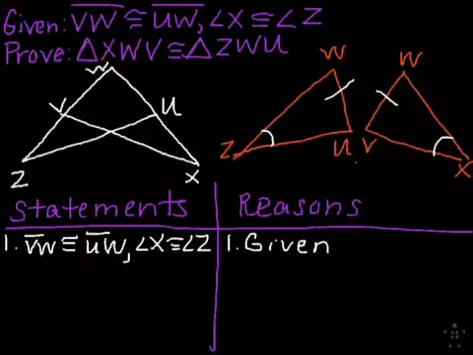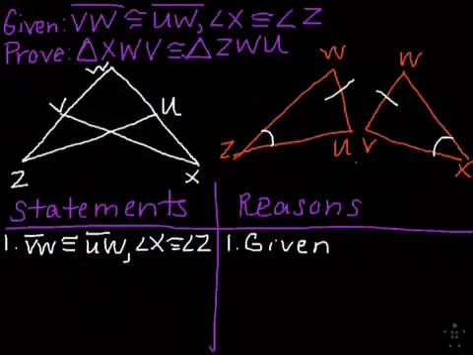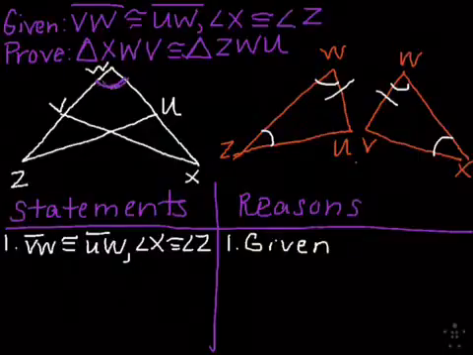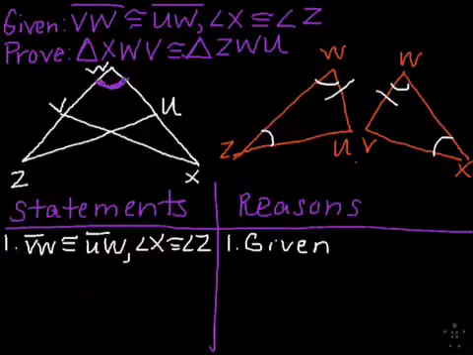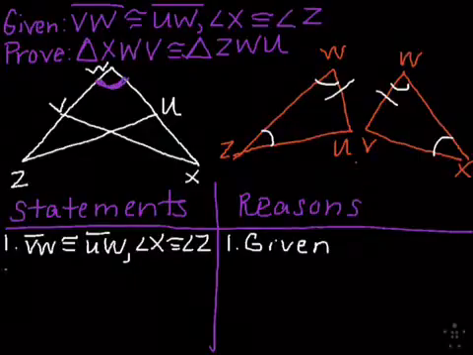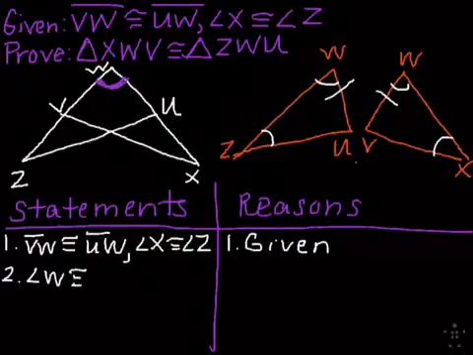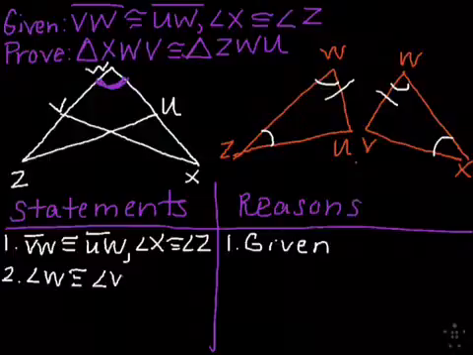Right. So look at what you have here. Both of these triangles share an angle W. And if you look in the big picture here, angle W is in both triangles. So I know that angle W is congruent to itself by the reflexive property.